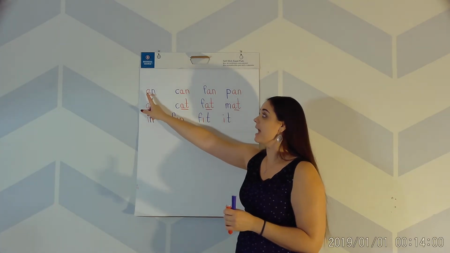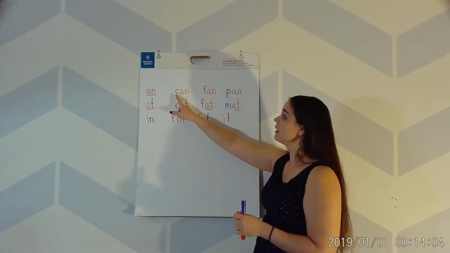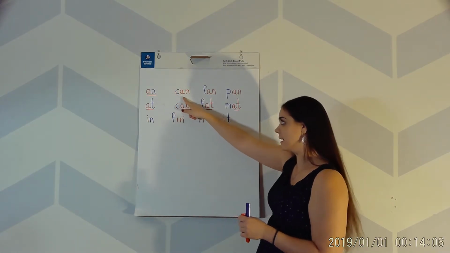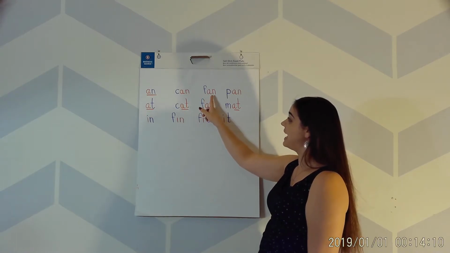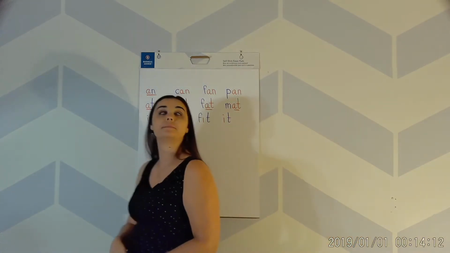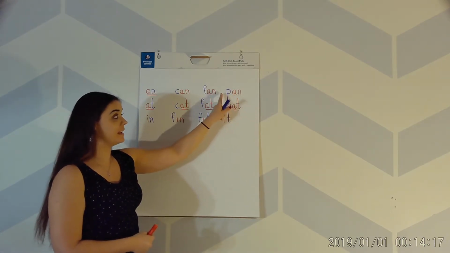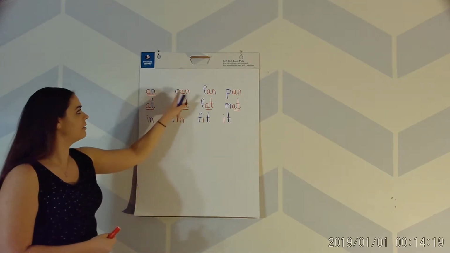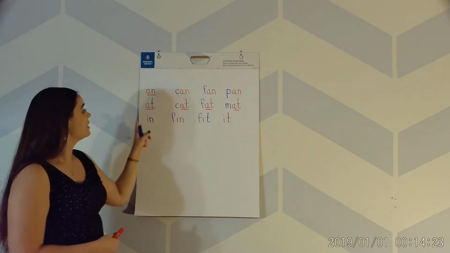So, an. A, n, an. Can, an, can. Fan, an, fan. Pan, an, pan. Notice they all rhyme because they all have that A-N at the end of those words.